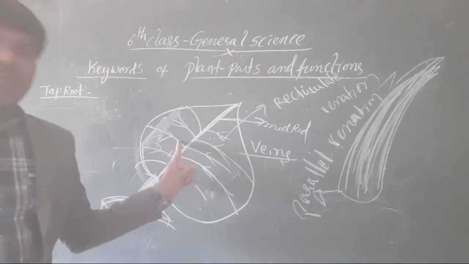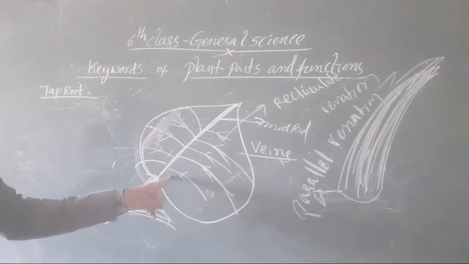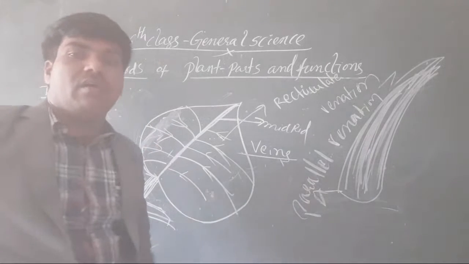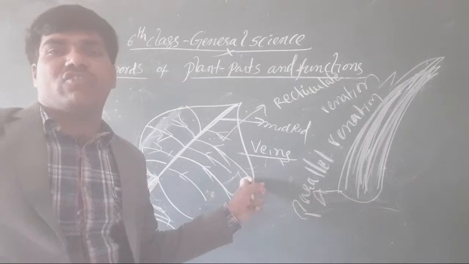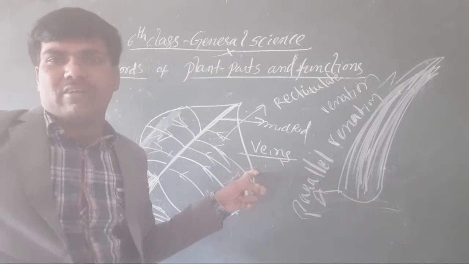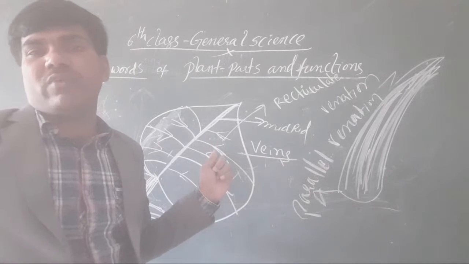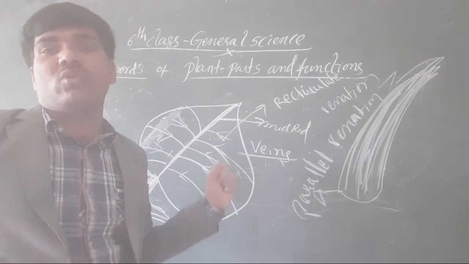And the veins arranged in the form of a web is called reticulate venation. One more important information: which type of root has reticulate venation?